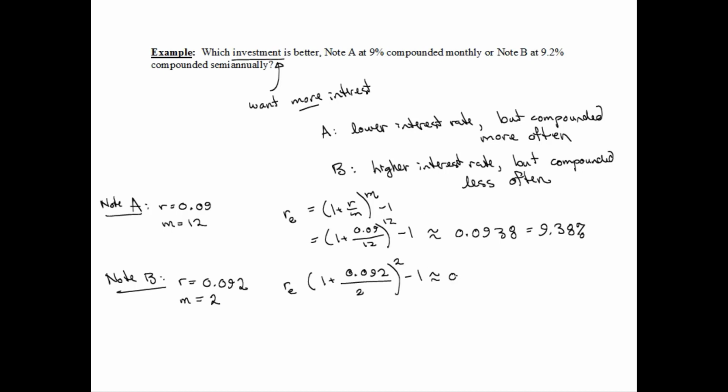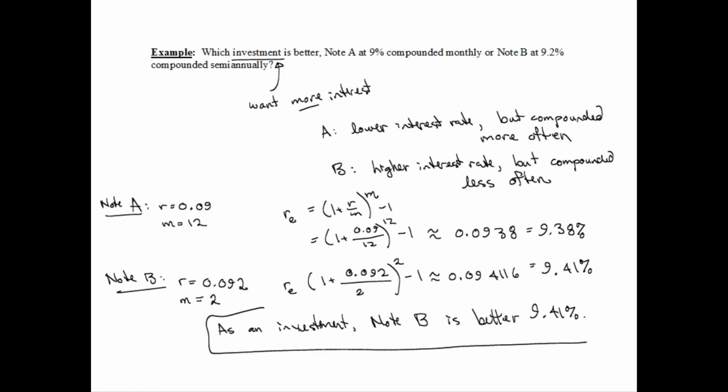And we should get 0.094116 or 9.41%. And so as an investment, note B is better because as an investor, we want the higher interest rate. Remember, if it asked you which note would be better for you as a borrower, you would prefer note A.